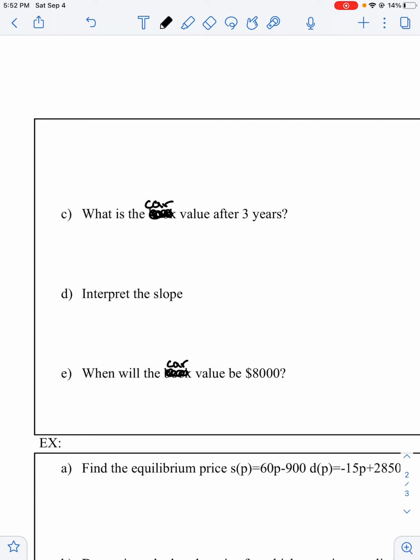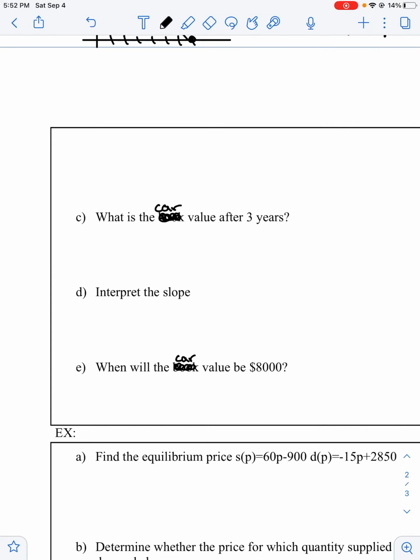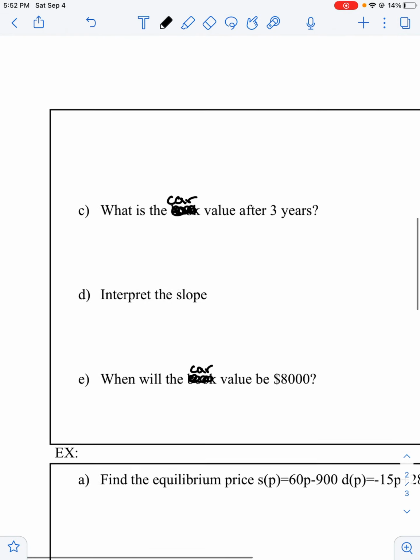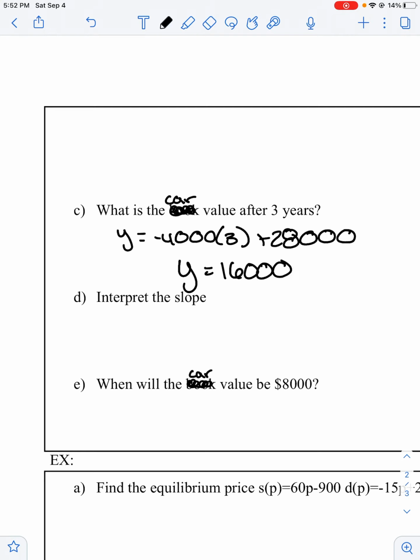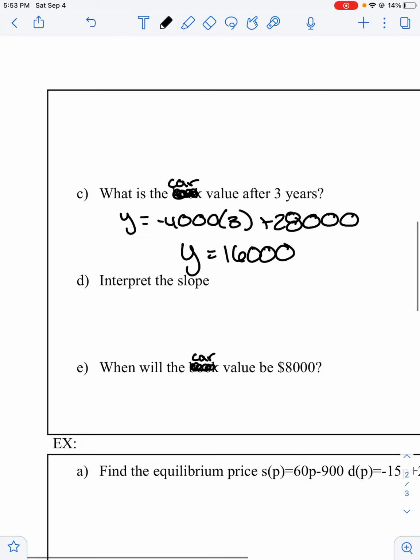So I'm going to plug in 3 for x. y equals negative 4,000 times 3 plus 28,000. Plug that in your calculator and you get y equals $16,000. So after 3 years, the car would cost $16,000.